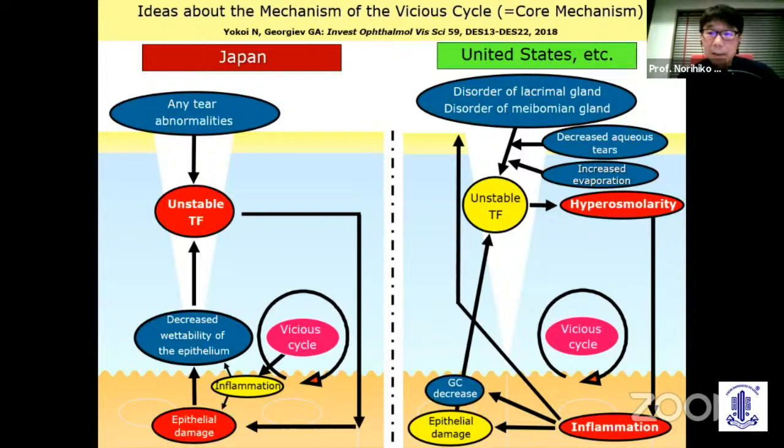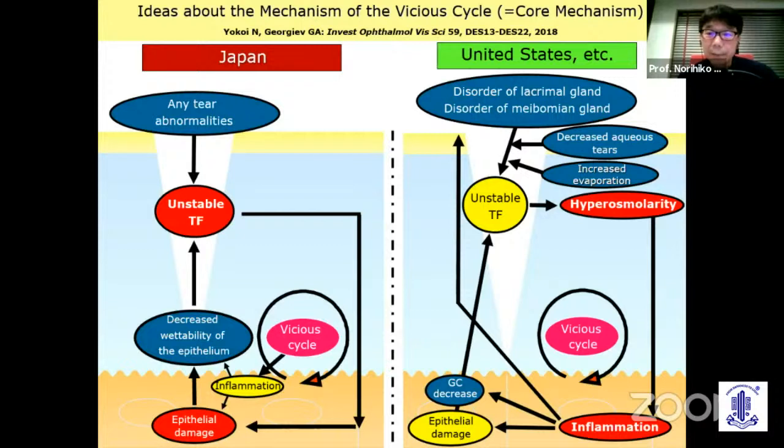And the resultant epithelial damage will cause unstable tear film via the decreased wettability of the epithelium, thus resulting in the vicious cycle. In the United States and elsewhere, hyperosmolarity and the resultant inflammation are thought to be included in the vicious cycle, and more attention is paid to the inflammation.